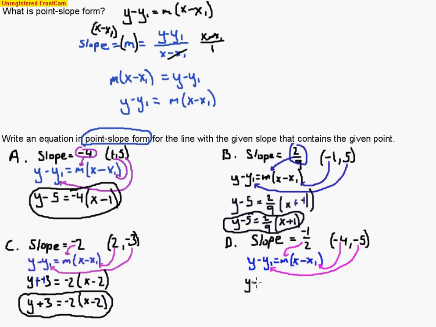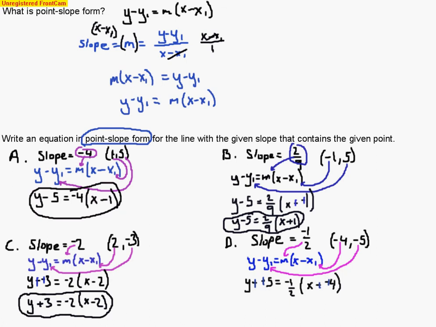Y minus negative 5 equals negative 1/2 times x minus negative 4. And so from there, again, whenever you see that minus negative, always change that to add the opposite, plus positive.